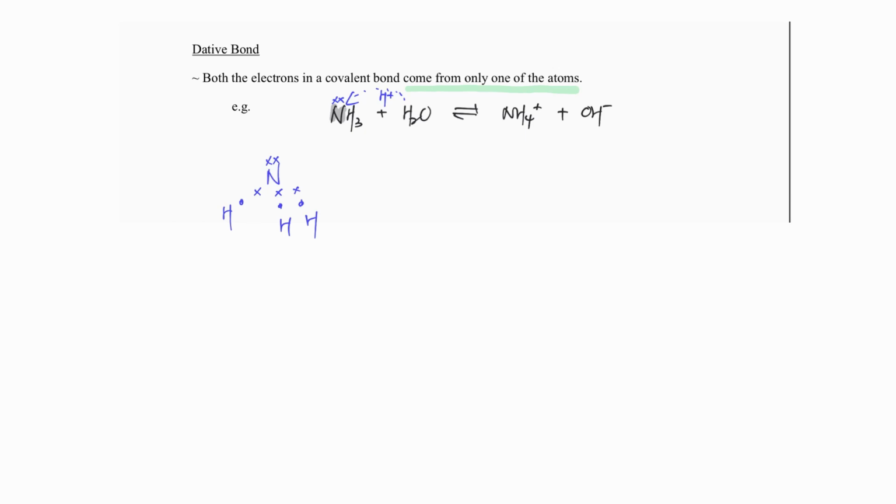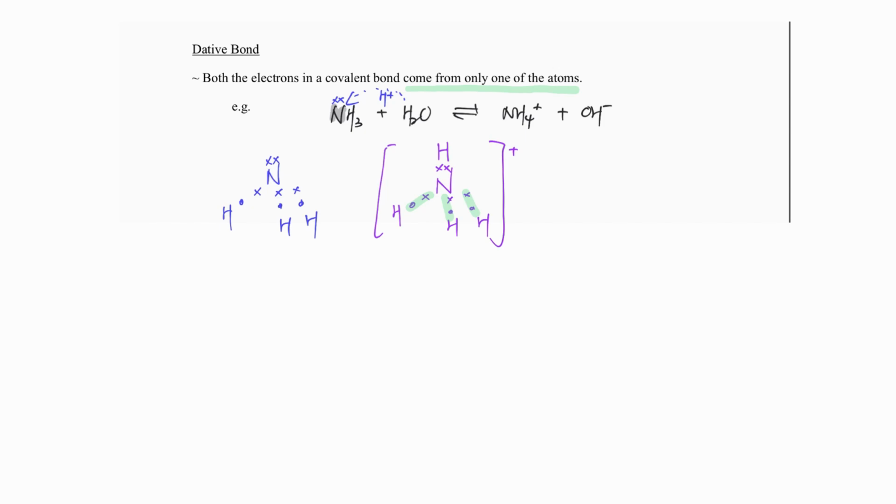So let's go into the dot and cross diagram of ammonium. The rest will remain unchanged, where we have 3 valence electrons of the nitrogen sharing with 3 hydrogen atoms, and the lone pair of the nitrogen will be sharing with the H plus ion. From here, we could see the difference. For the normal covalent bond, there will be dot and cross.